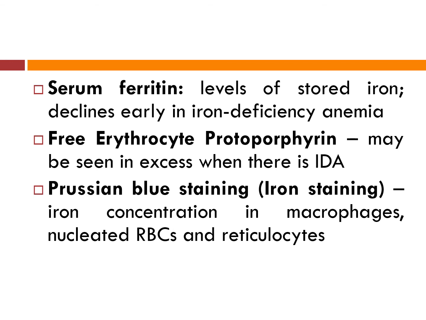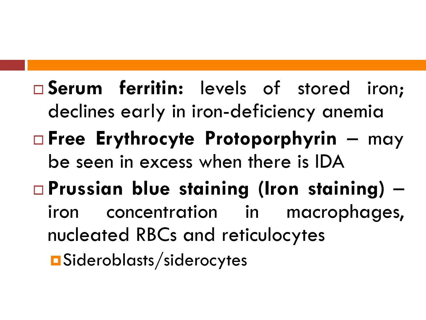And then another test is your Prussian blue staining. It is an iron staining, and this will exhibit iron concentration in your macrophages, in your nucleated RBCs, and in the reticulocytes. So the term for those RBCs that are not yet matured, either nucleated or reticulocytes, that have iron content is sideroblast.